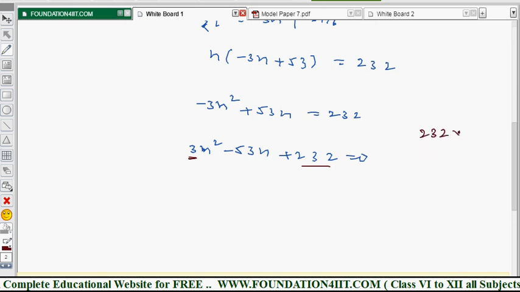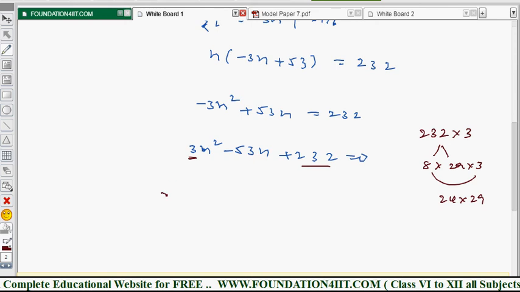Here the coefficient is 3, constant is 232. So 232 into 3, this is 8 into 29 into 3. Okay, 8 into 3 is 24. So 24 into 29 is this 232 into 3, and 24 plus 29 gives 53.